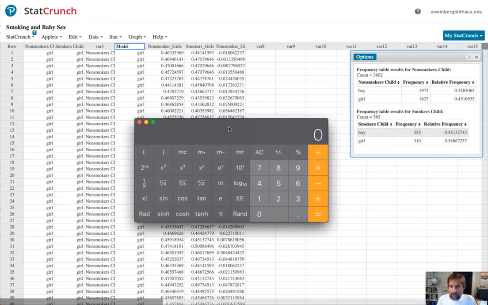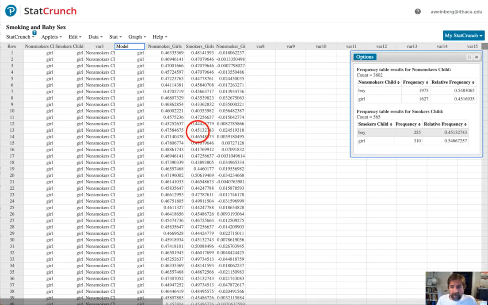So we had 0.4516935 minus 0.54867257. So this is our observed statistic. In the two samples, the non-smokers minus smokers, the observed statistic was negative 0.09697907. So this is what we'll look for in our sampling distribution.